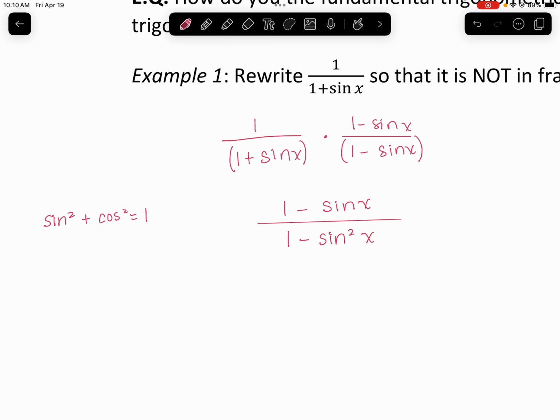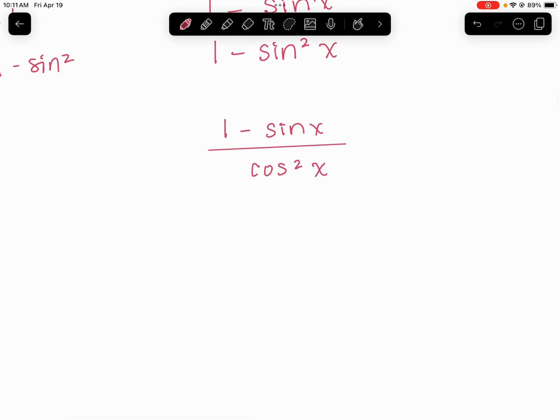So if I subtract sine squared of x from both sides, I get 1 minus sine squared. So that means I can rewrite my denominator. Instead of being 1 minus sine squared, I could rewrite that as cosine squared of x. Okay? Still in fraction form, so let's keep breaking this down even more.